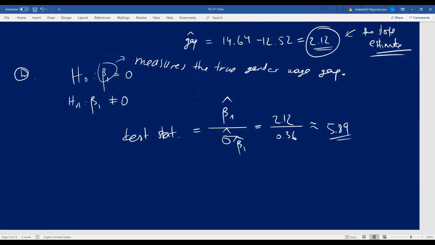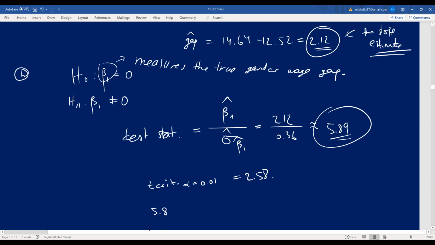And then you can compare this to different critical values. What is the critical value for a two-sided test when alpha is equal to 1%?